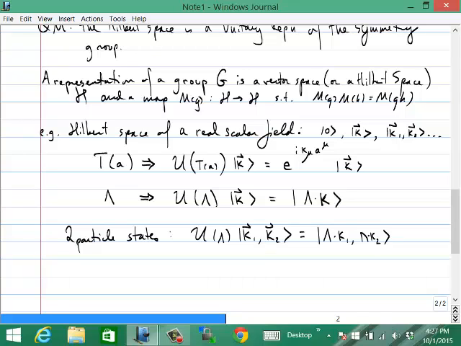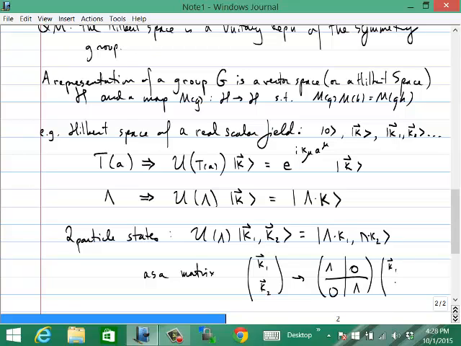Or if you want to think about this as a matrix, this is not necessarily the most convenient way of thinking about it, but if you imagined writing these as a matrix, then U would just be given by the action of some block diagonal matrix acting on that set of 4-vectors.